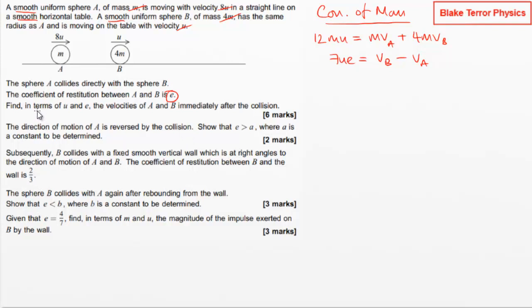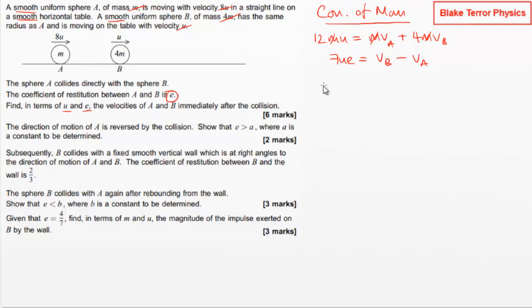So we've got two equations, 4 unknowns, but we're allowed to leave 2 of the unknowns in the answer. So we're fine there. We've got 2 equations for the 2 things we want to eliminate. We just need to solve these. In the first one, we can get rid of all these m's for a start. They all just cancel out, as usually happens in these conservation of momentum questions because of how they set them up.